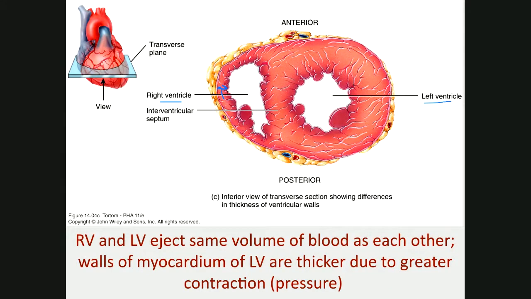So why would that occur? It makes sense that the right ventricle is pumping this deoxygenated blood into the pulmonary trunk via the pulmonary semilunar valve, and the distance is very short, correct? Because the lung is right there.